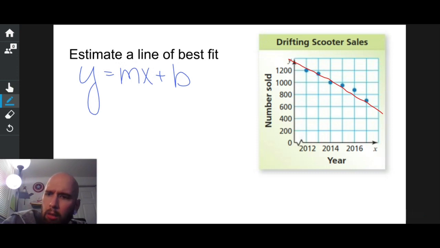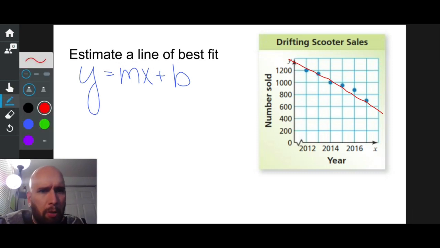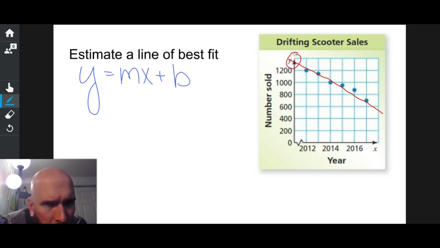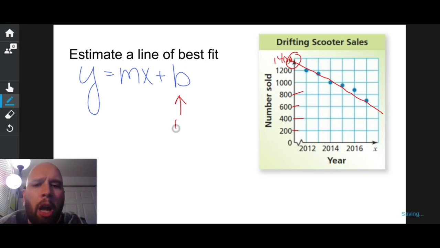My y-intercept appears to be right there. So every one of these marks goes up by 200. So this guy would be 1,400, and it looks like my line went through a little bit underneath 1,400. So I'm going to let my y-intercept be a little bit under 1,400. How about 1,350? How's that sound?